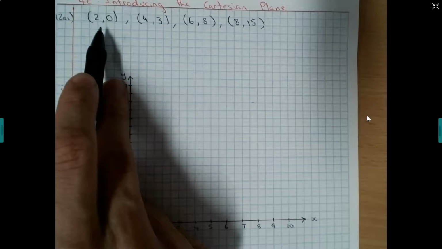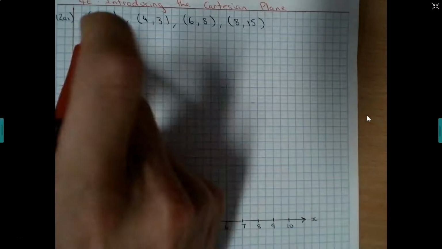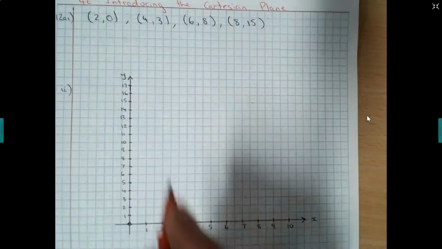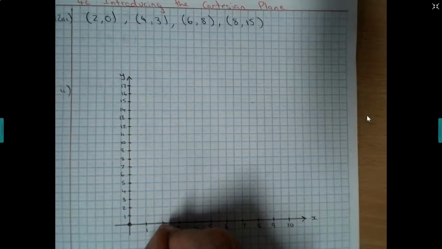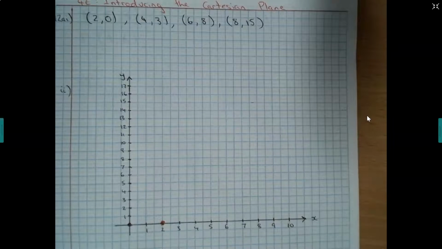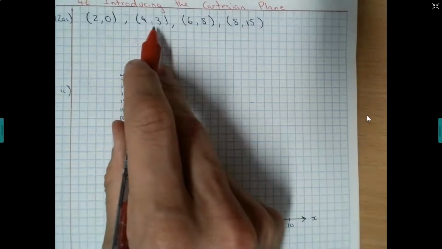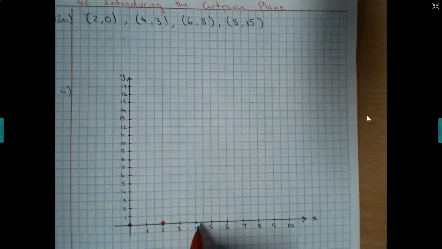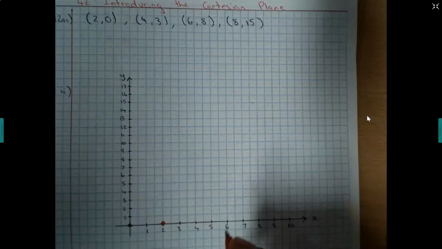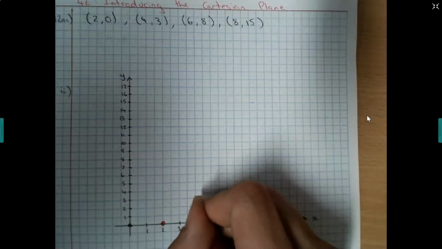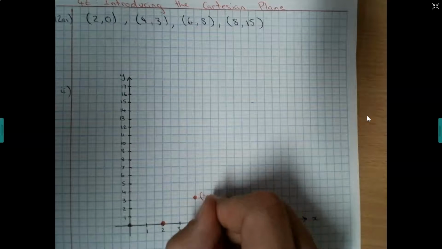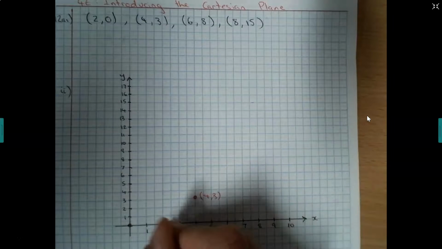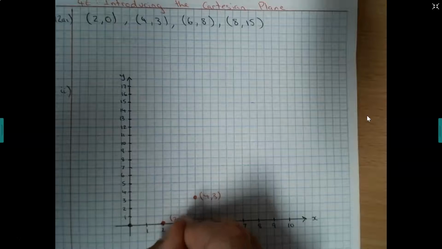Our first coordinate, 2, 0: if I was to plot that, I have to come 2 across and then 0 up. So 1, 2 across and 0 up. That point will actually lie on the x-axis. The next coordinate, 4, 3: I come 4 values across, 3 values up, and I plot my point there. It's always a good idea to write the coordinates next to the point that you plot. So this is 2, 0.